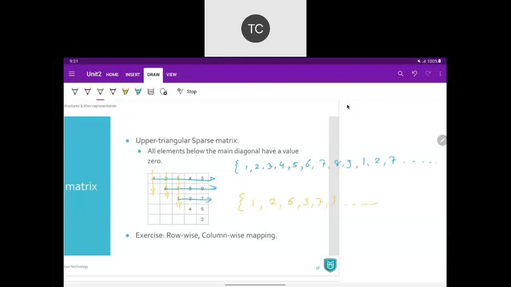Now again, point number 1, original data, upper triangular. And point number 2, which mapping we are following. If it is upper triangular and we are following row wise mapping, then the first row will be full. So first row will contain total how many elements? All elements equal to the number of columns.